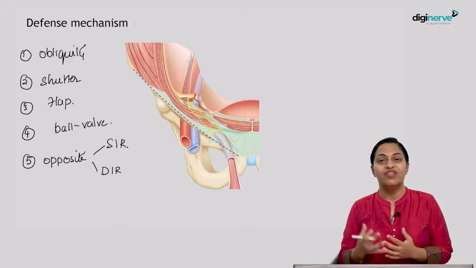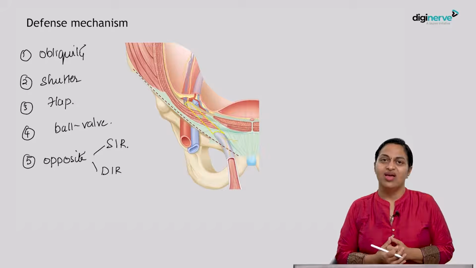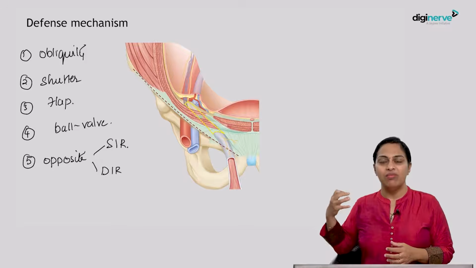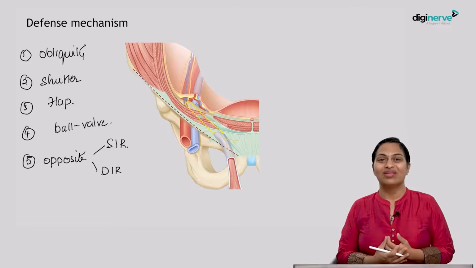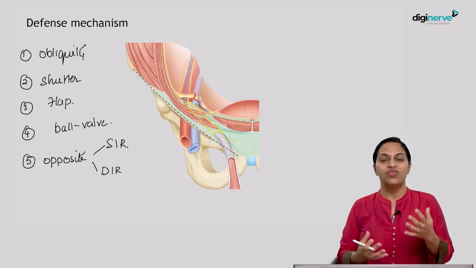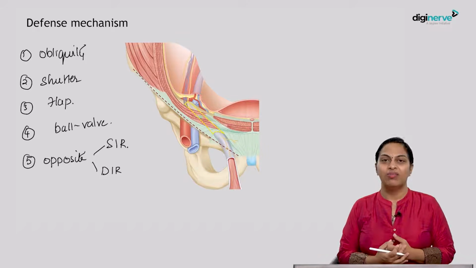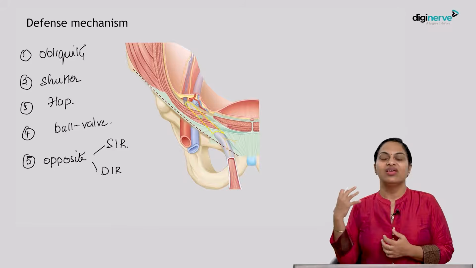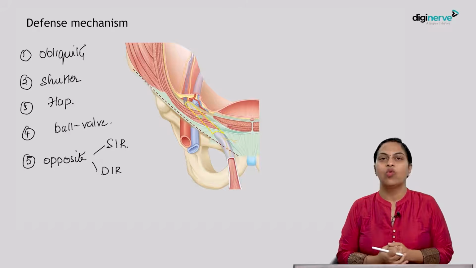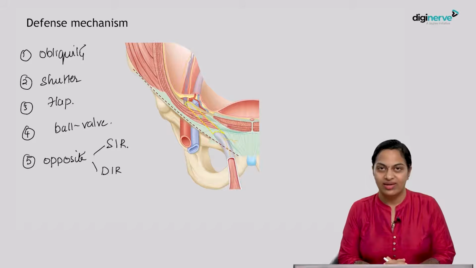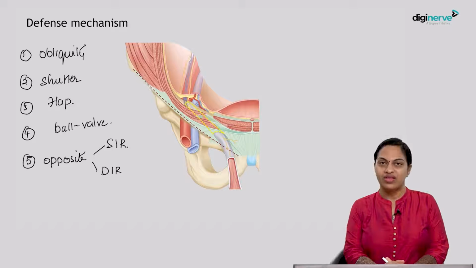You have to write about the defense mechanism for the inguinal canal. So the inguinal canal with the deep inguinal ring, superficial inguinal ring and the Hesselbach triangle in the posterior wall forms a weak area in the anterior abdominal wall through which the contents of the abdominal cavity can herniate out, producing an inguinal hernia, isn't it?